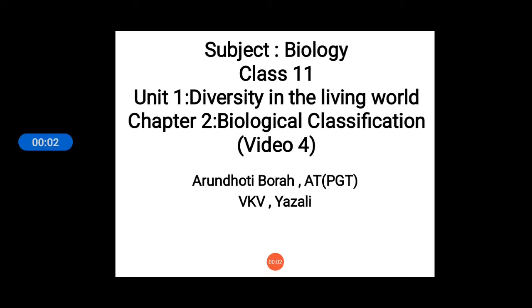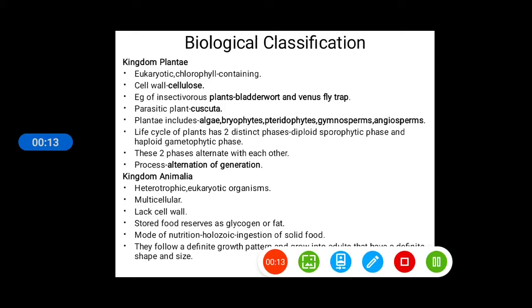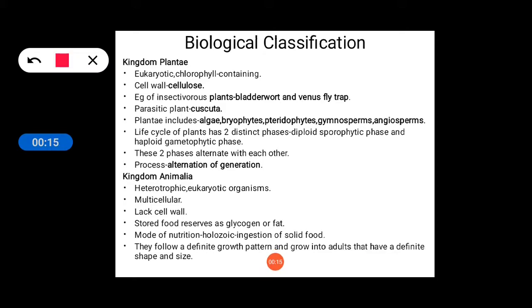Good evening, students. This is the last video of the chapter Biological Classification, and we are starting with the kingdom Plantae here. These are the various characteristics of the kingdom Plantae. The first point is eukaryote and chlorophyll containing.